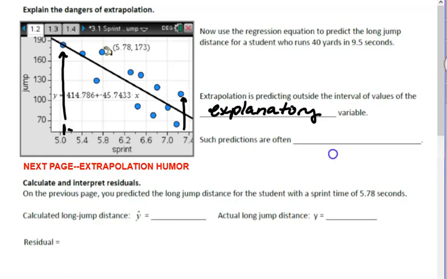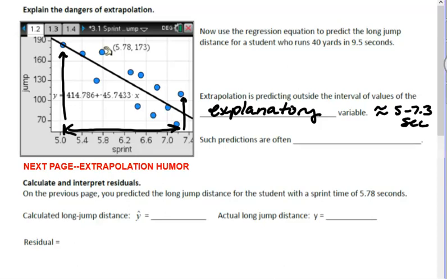This would be the range of the interval of values for my explanatory variable, somewhere between about 5 and 7.3 seconds. All of my data is in between those two values.